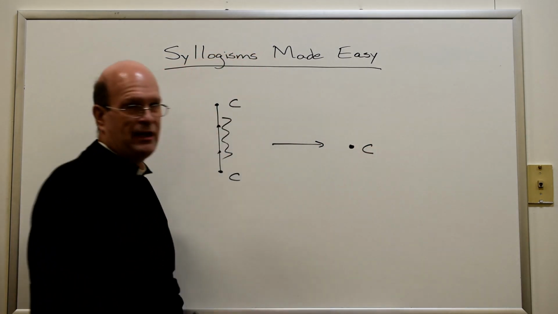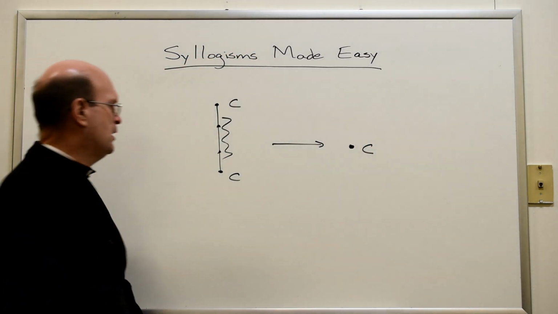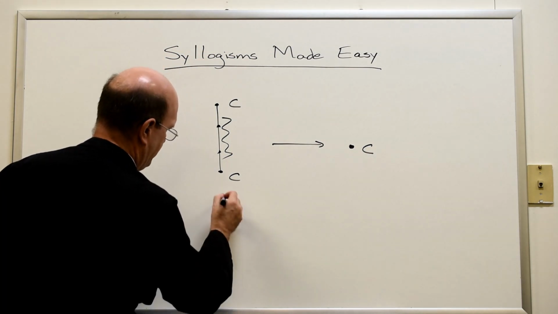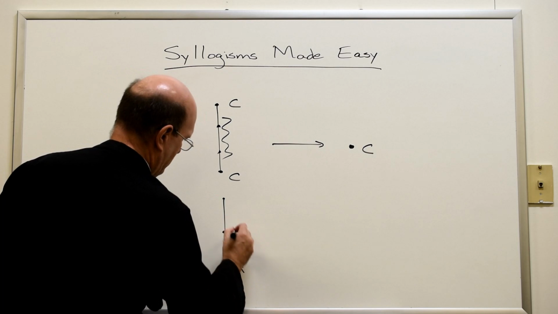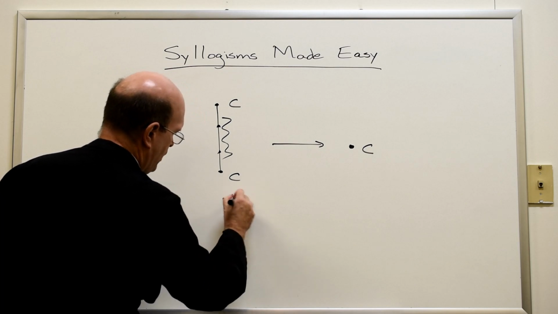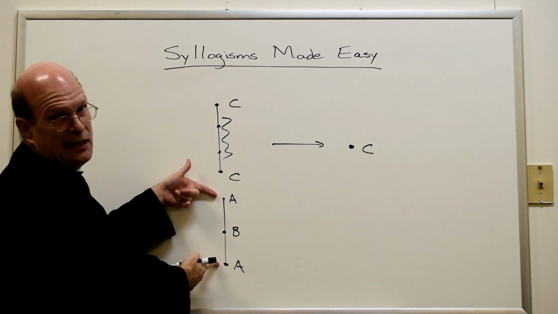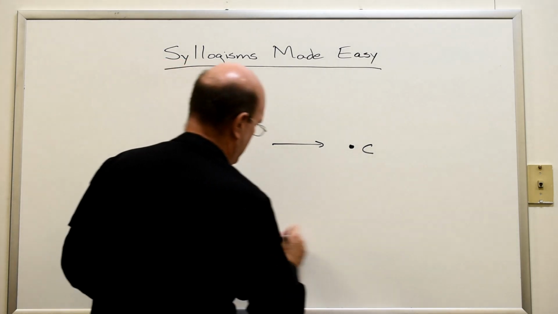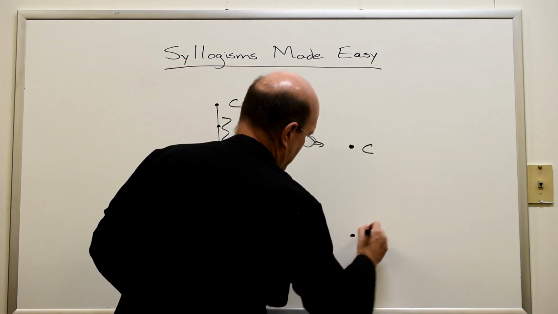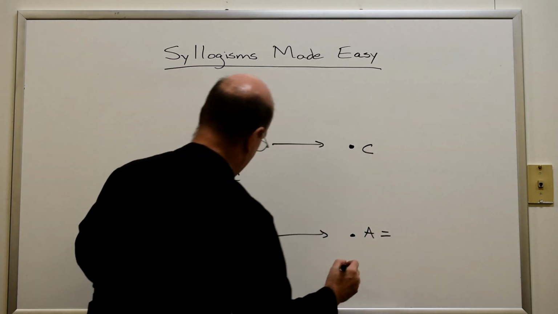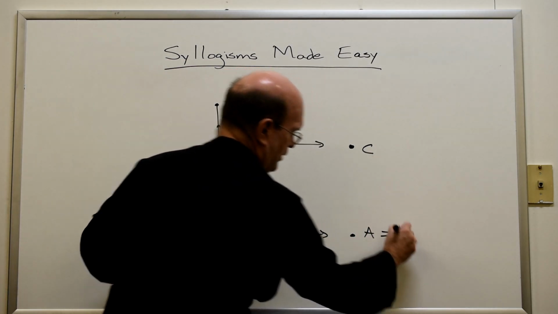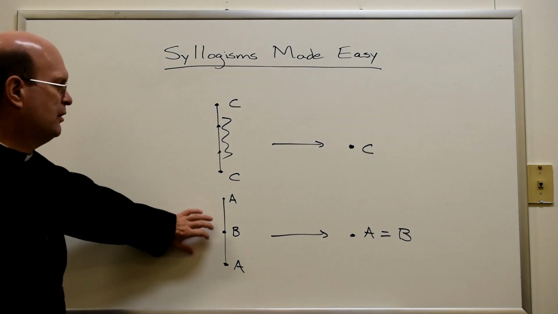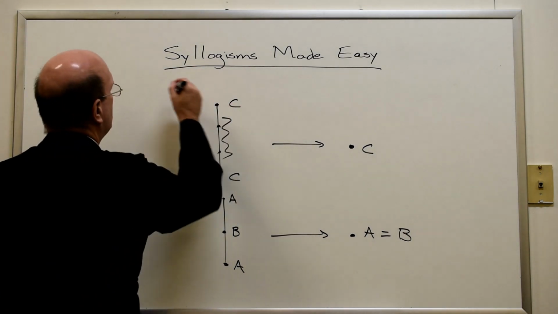And so everything is equal to C. Let me give another illustration. If I get a diagram like this, well then I've got A and A here, that's the same label, so I can contract this whole thing to a point, and I get A, and everything in between there is equal to it, so I get B as well. I hope that makes sense. I call this contraction.